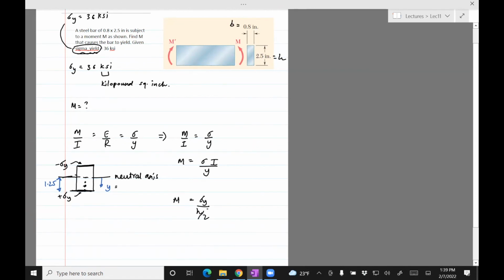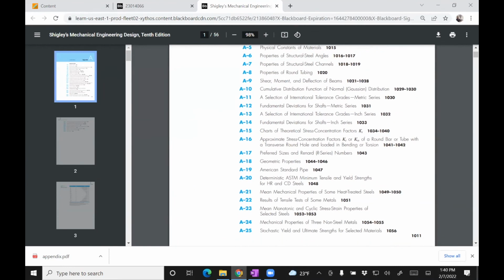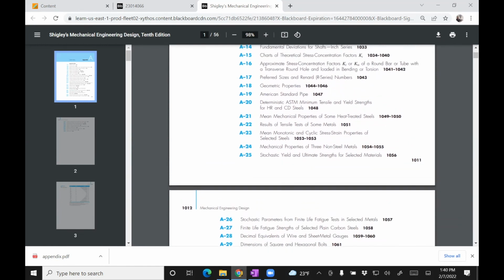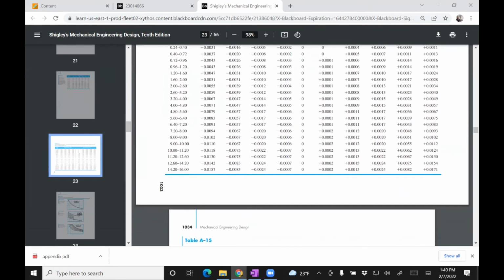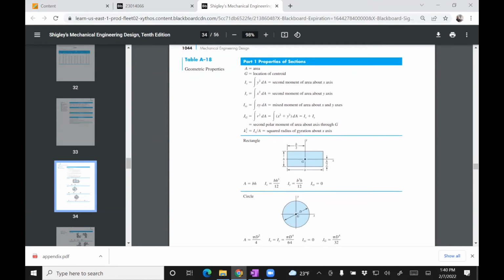Okay, the last piece is the inertia. If you need it, it will be given to you, but if you want to find it in the book, the appendix has a table which has all these section properties for different shapes. I think it's A18, but I may be wrong. Let's see. Yeah, this is the one.